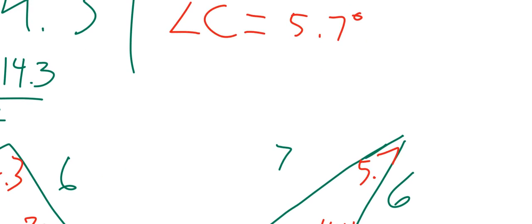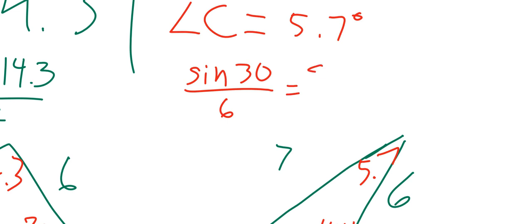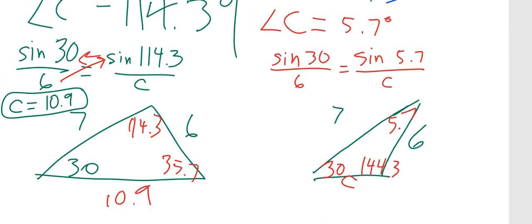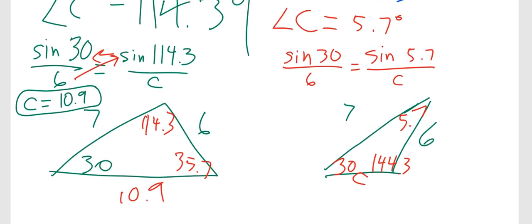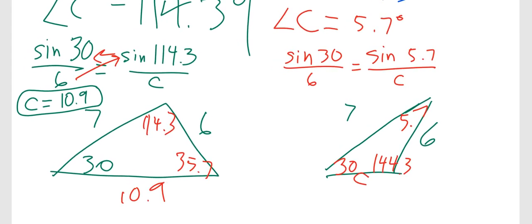This is why this is such a cool problem. Sine 30, sine 5.7. Do you think side C is going to be bigger than 10.9 or smaller than 10.9? All right. Using the handy dandy machine.